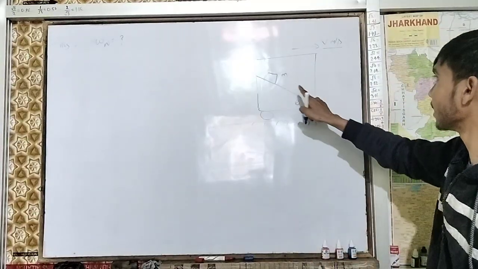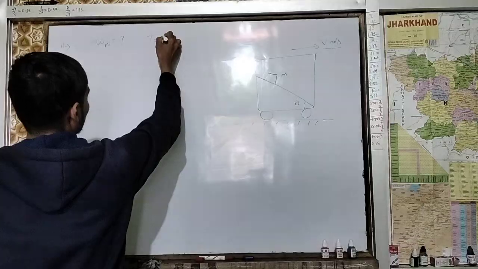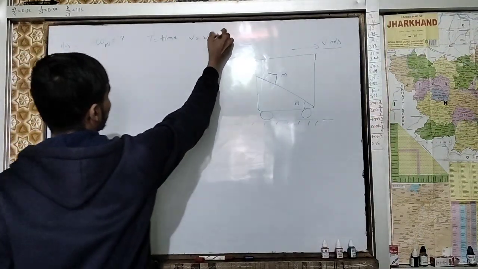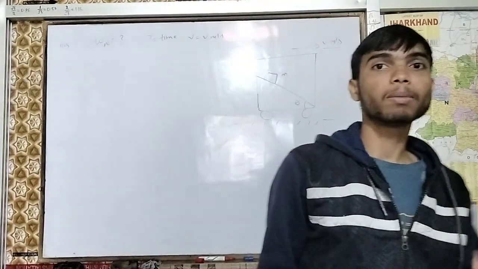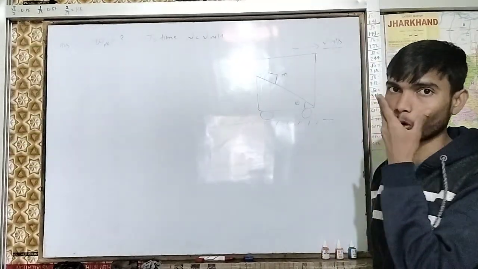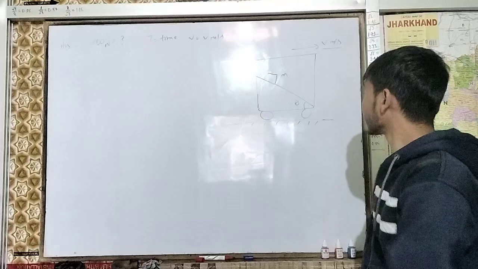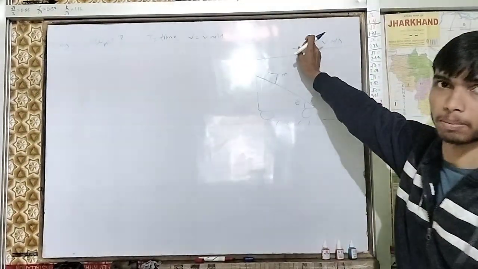On the block in time t. So over here the velocity is v meter per second. We are going to find the work done by normal reaction on this block. Remember, this cart is also going with v meter per second.